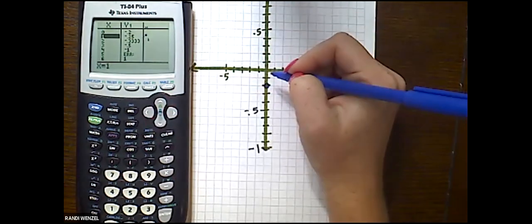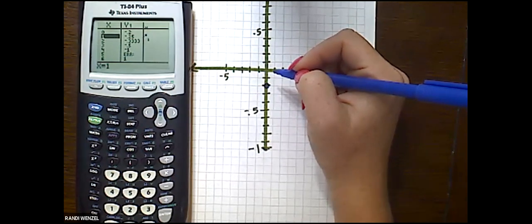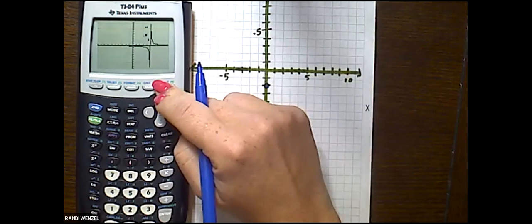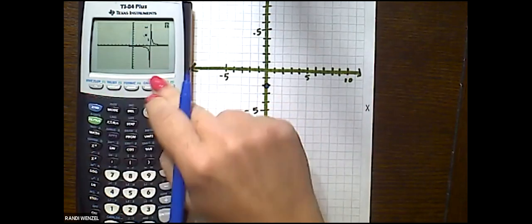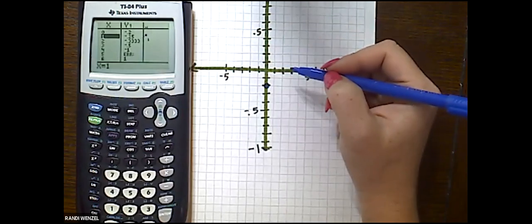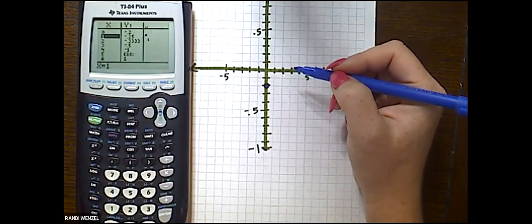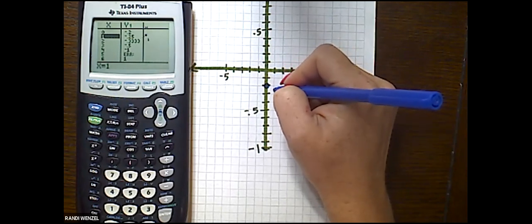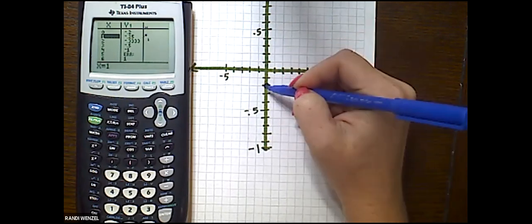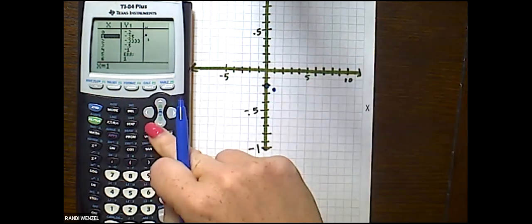The next one is 1, negative 0.25. Negative 0.25 is like halfway between 0.2 and 0.3. So it's a little bit more. So it's halfway to the next one.